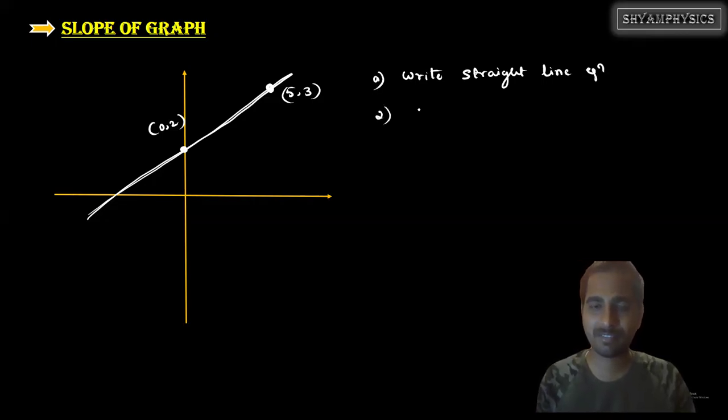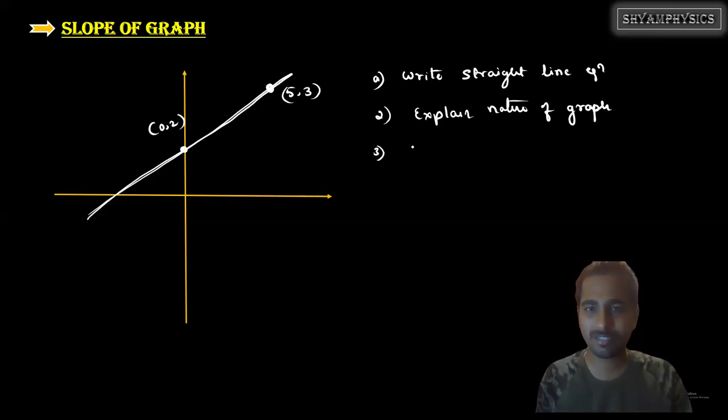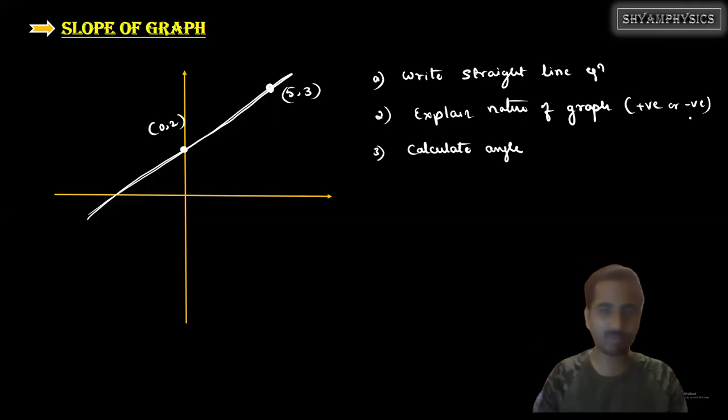Second, explain the nature of the graph. Third, calculate the angle. Nature of graph means whether it is positive or negative. Along with the proof you need to put here.